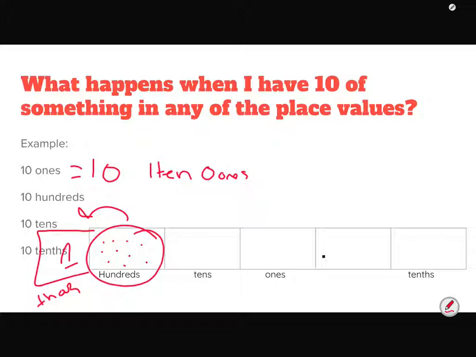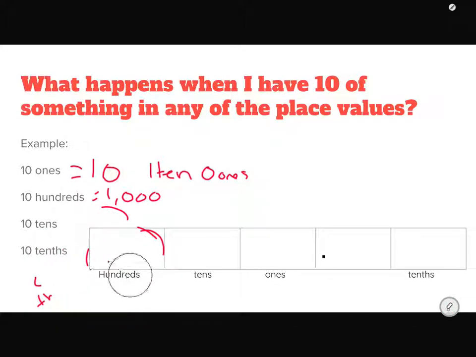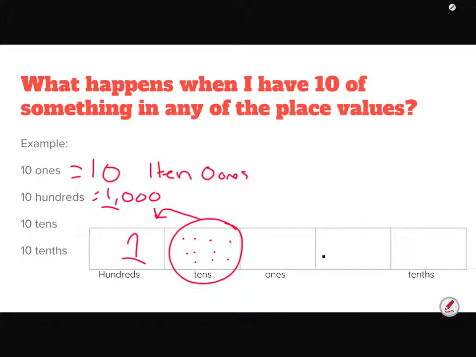We don't say 10 hundreds, we say 1,000. We would regroup it. Same thing with 10 tens. I can't have 10 in the tens place. When I count by tens, I go 10, 20, 30, 40, 50, 60, 70, 80, 90, 100. I would regroup 10 tens and instead give it 100.